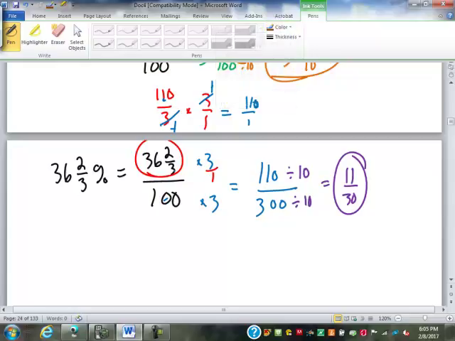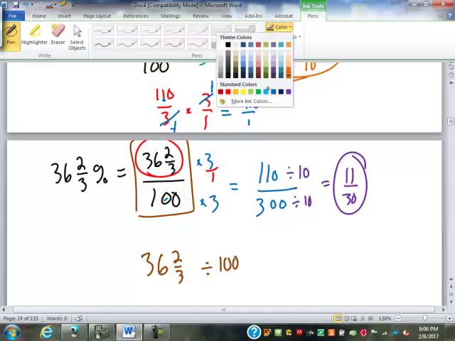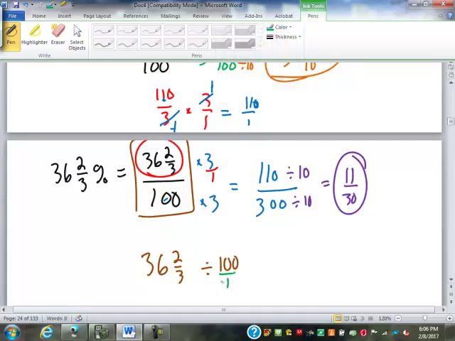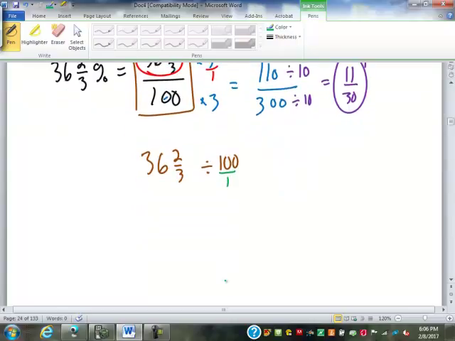Now I promised you I'd show you a second way we could do that. 36 and 2/3 over 100. We can always treat a fraction like a division problem. So we just treat that as 36 and 2/3 divided by 100. I would make that 100 over 1, so it's a fraction.